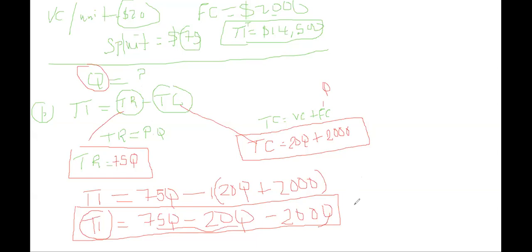So we will have, let's create a new one. We have this, let me rewrite it again, please. 75Q minus 20Q minus 2000. So we can simplify this because they are like terms.